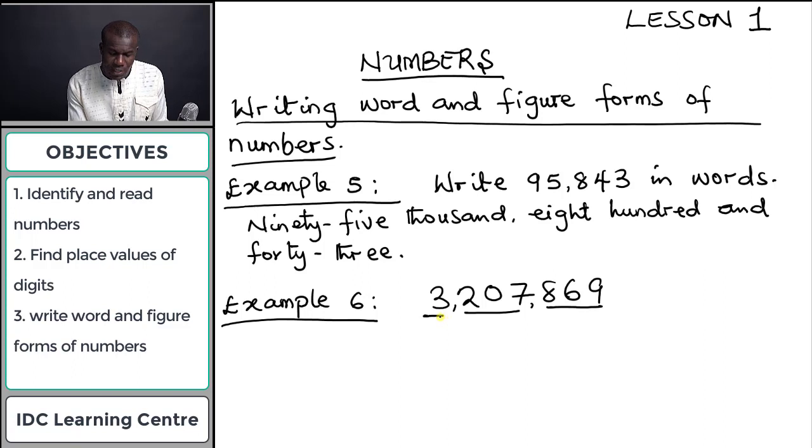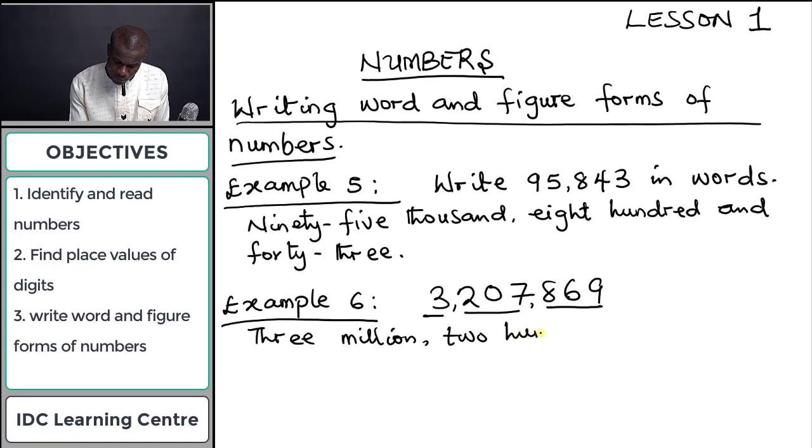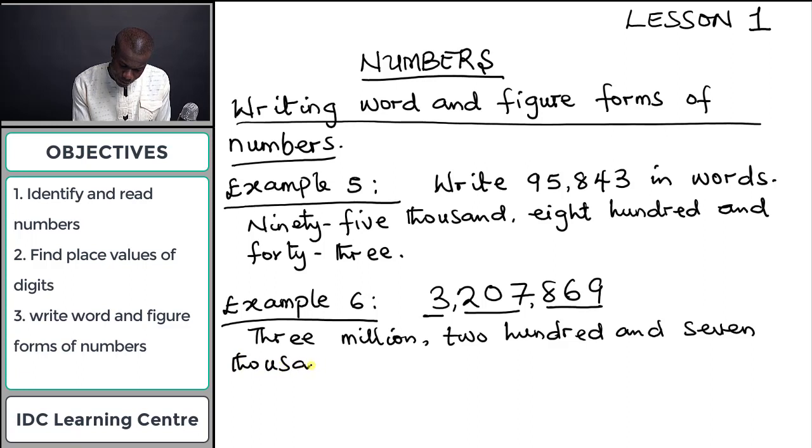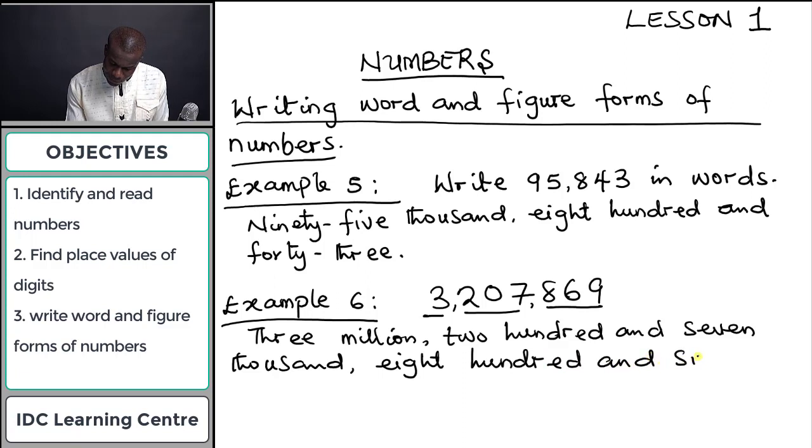So this is 3,207,869. So let's write it: 3,200,000 and 7,869.